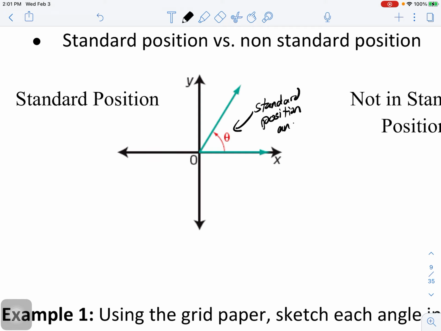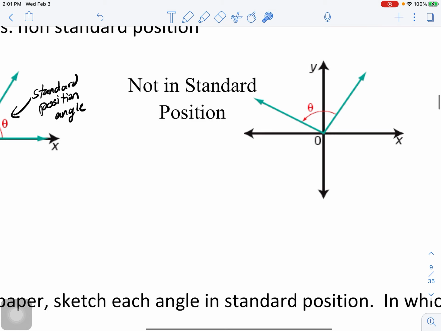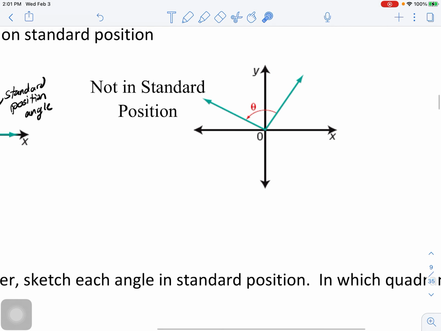So here is our standard position angle, because our initial arm is on the positive x-axis and our terminal arm starts at the origin. This one isn't. This is a non-standard angle. It does start at the origin point, but this angle is formed between two arms where neither of them is the positive x-axis.